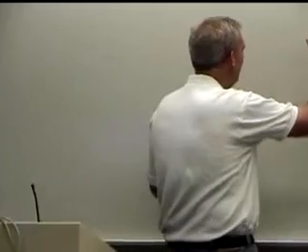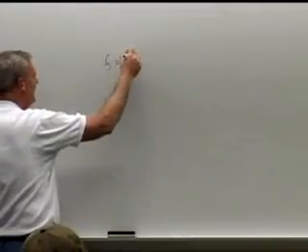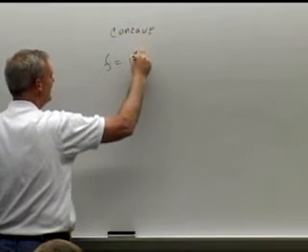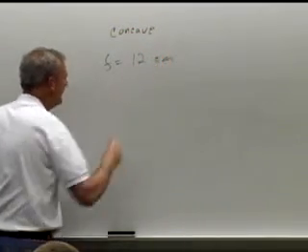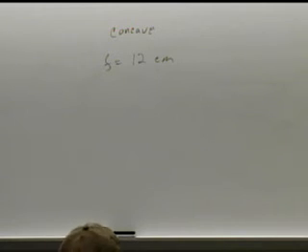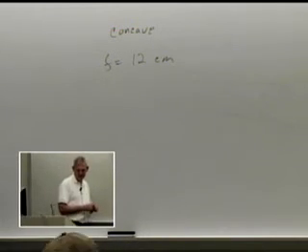Okay, it's problem 18. A concave mirror has a focal length of 12 centimeters. F equals 12. Okay, we're doing concave. This mirror forms an image located 36 centimeters in front of the mirror.